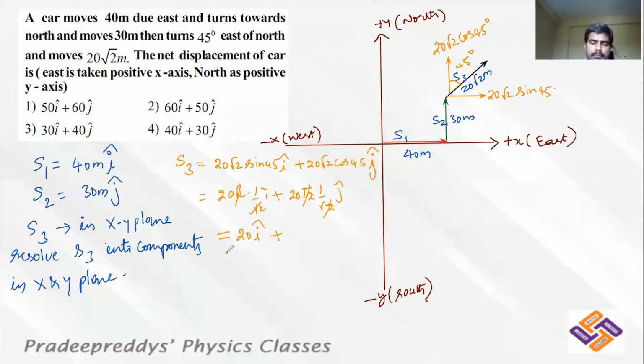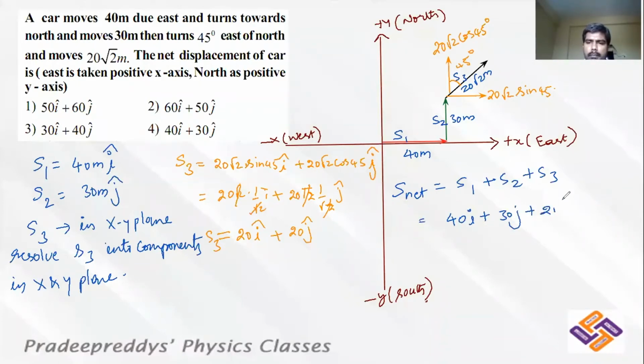This is S3. Now we have got S1, S2, S3. What is being asked in the question? In the question you are supposed to find the displacement. Net displacement is equal to displacement S1 plus S2 plus S3. S1 is 40i, plus S2 is 30j, plus S3 is 20i plus 20j.